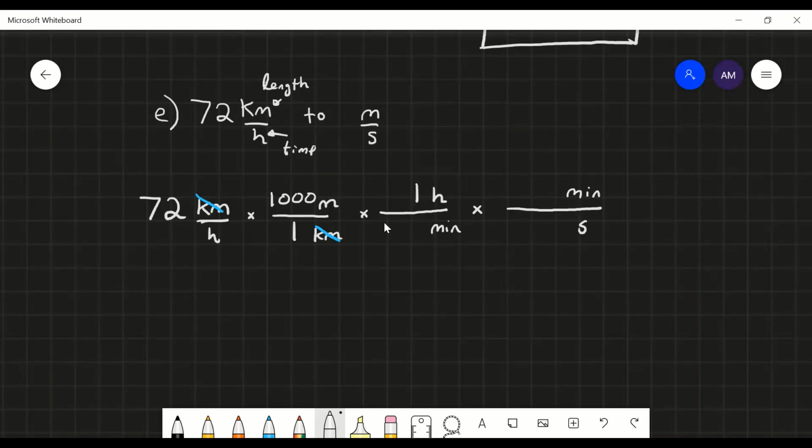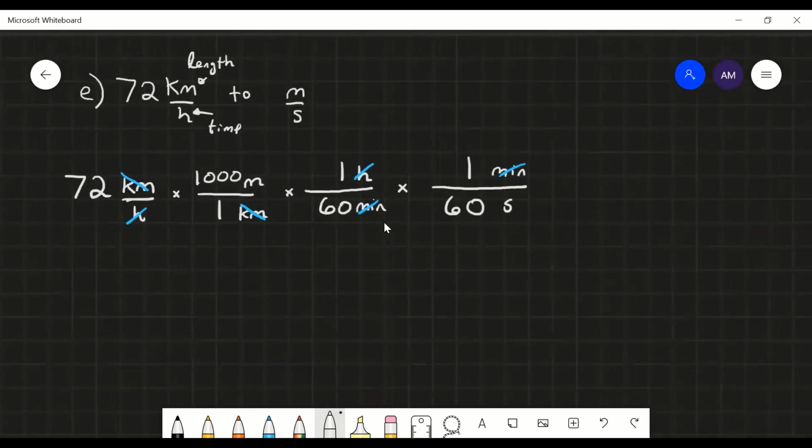So 1 hour is the same as 60 minutes, and 1 minute is the same as 60 seconds. So this would cause us to cancel out the hours and cancel out the minutes. So let's see what this makes.